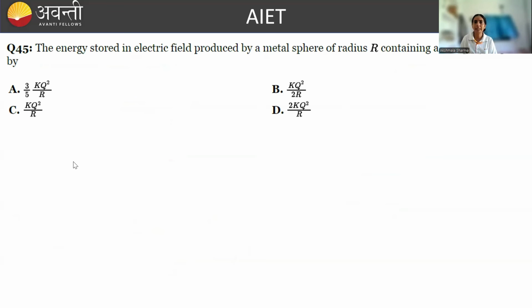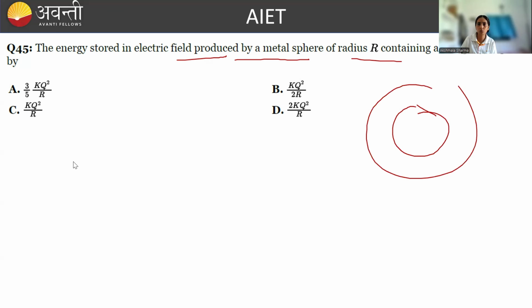The energy stored in the electric field produced by a metal sphere of radius r containing a charge Q is. So energy stored in electric field. Anything that can store charge can be called a capacitor. In the previous class, I taught you spherical capacitor.